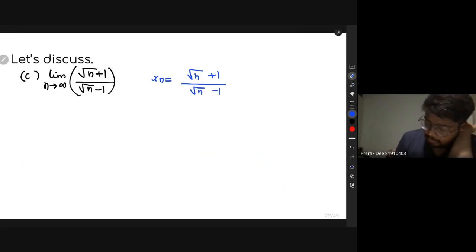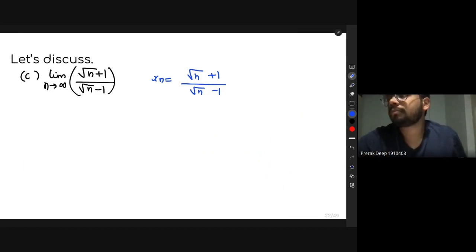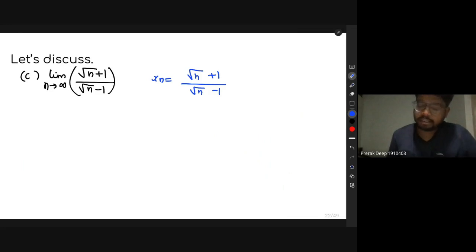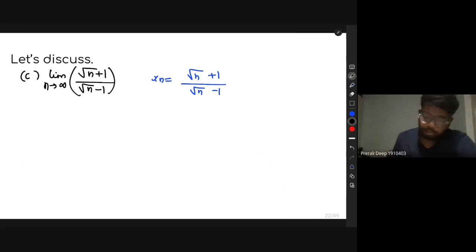I need to use the fact that the sequence 1 over n converges to 0. So we need to convert this expression of the sequence into a sequence which looks like 1 over n type. So how do we do that?